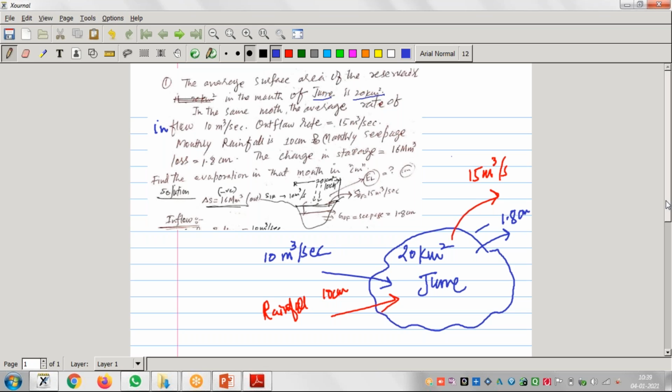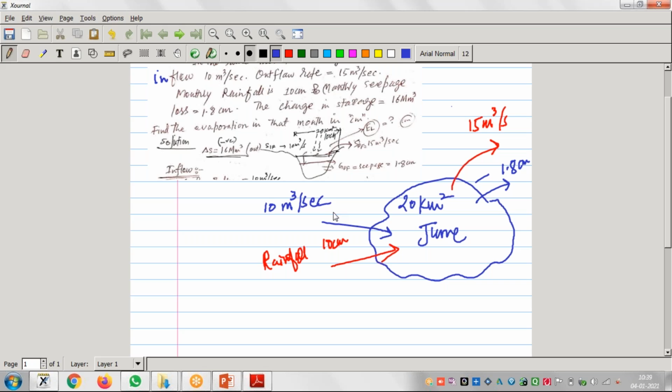And the change in the storage means some amount of water is incoming, some amount of water is going out, right? It is as simple, suppose this is your river.